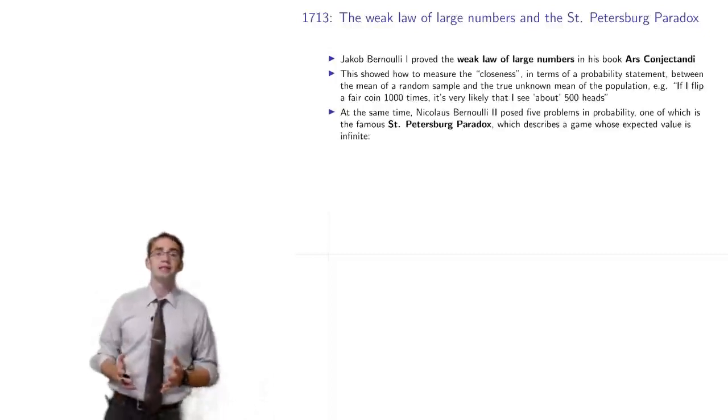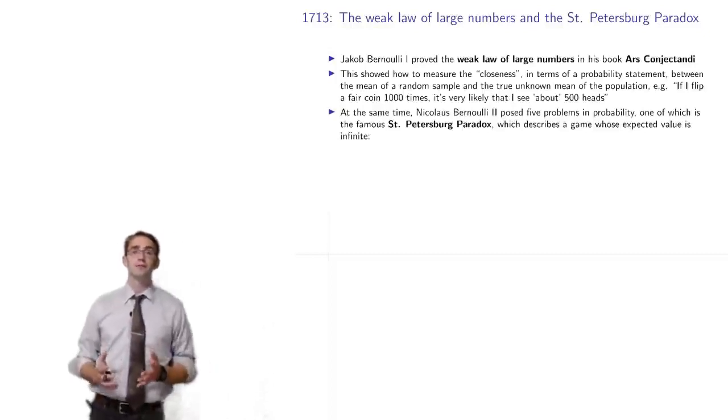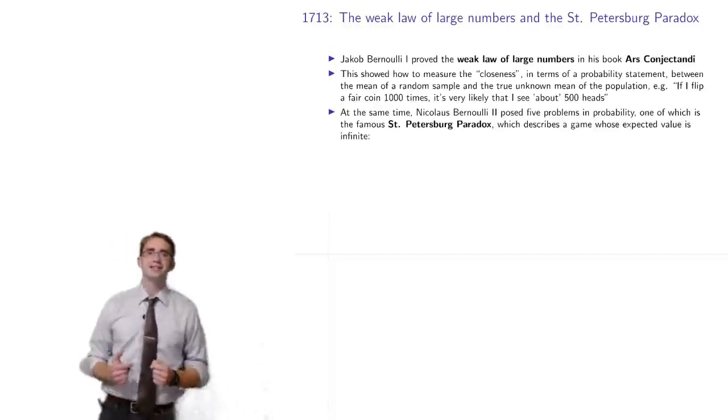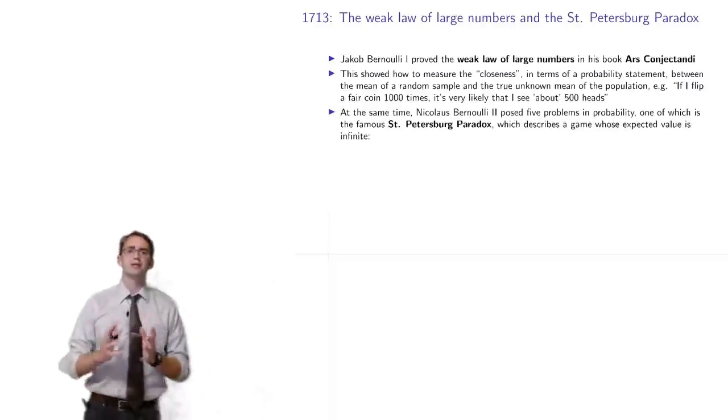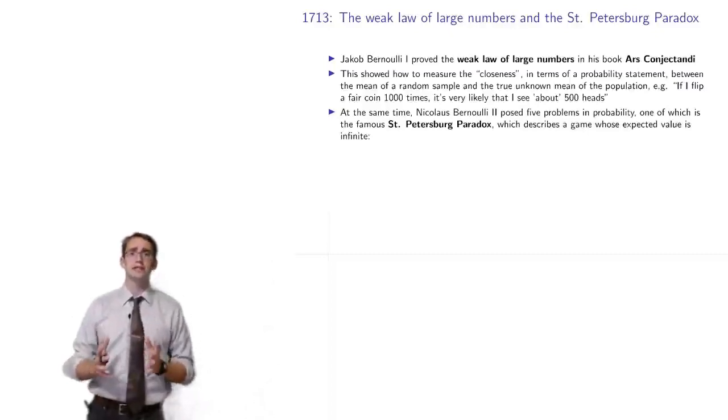In 1713, Jacob Bernoulli I proved the weak law of large numbers, which you probably don't remember but probably have seen before, in his book Ars Conjectandi. We're going to revisit all of this stuff, so you don't have any obligation to have it ready on hand at the moment. This showed you how to measure the closeness in terms of probabilities between the average values of a random sample and the actual values that you see.